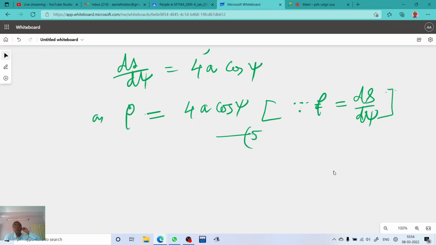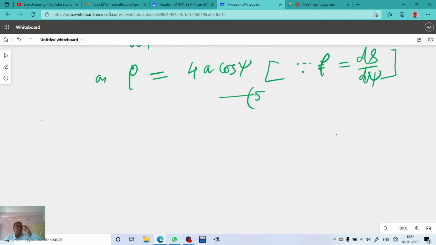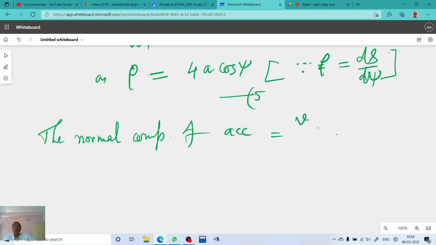Now the normal component of acceleration equals to v square by rho, you know that. So this equals to v square, by 3 and 5, 4a omega into cos psi whole square, and rho is equal to 4a cos psi.